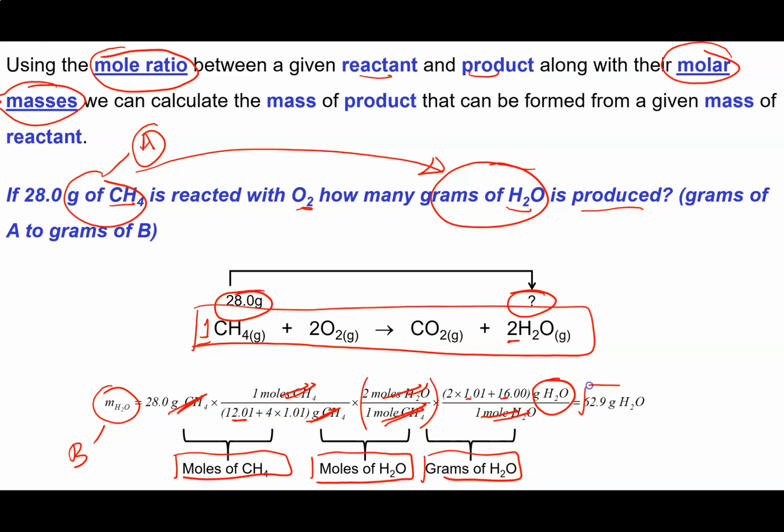And there I go, I give my answer, in this case, to 3 significant figures in agreement with the data that was given. So it's fairly straightforward. I multiply by 1 on the molar mass of what I was given, then I multiply by the appropriate mole ratio, and then finally I multiply by the molar mass of what I would like.